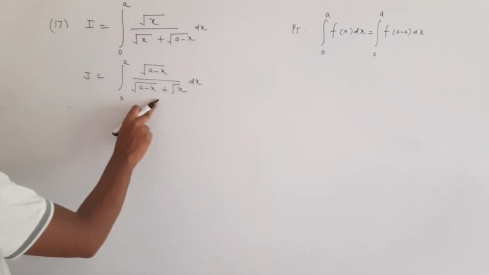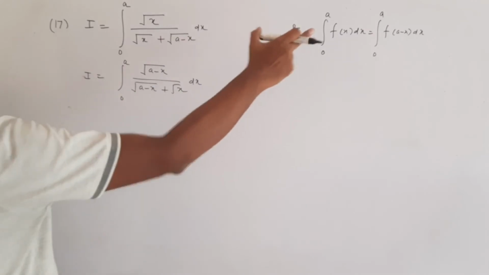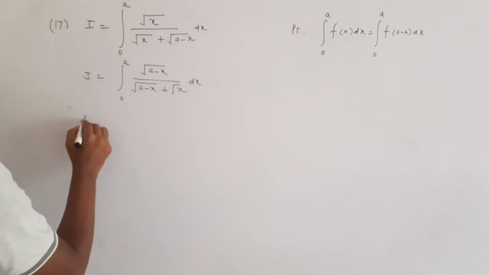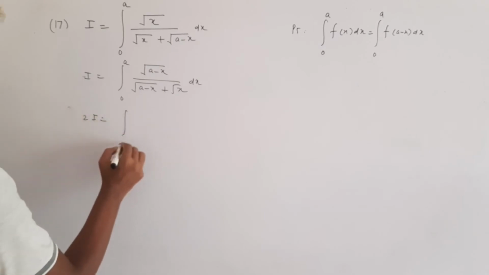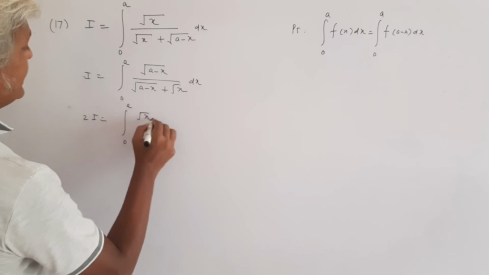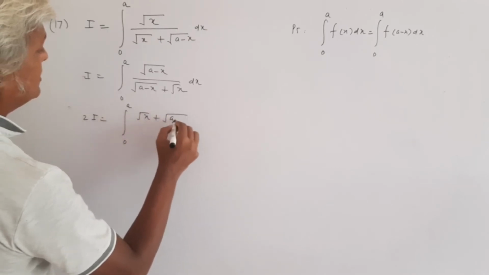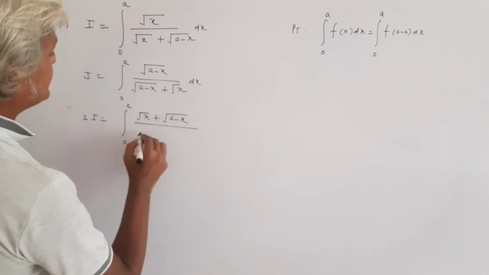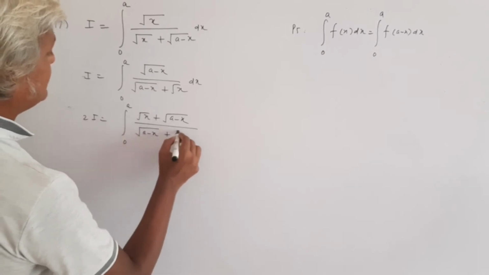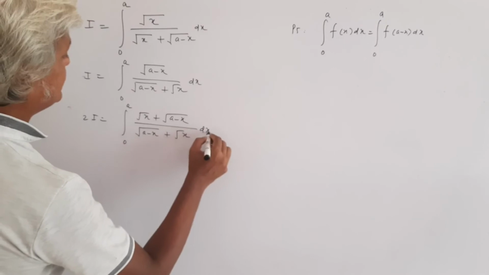Now just look at these two. This one we obtained by using this property on this expression. So now if you add these two, you get 0 to a root x plus root a minus x over root a minus x plus root x dx.